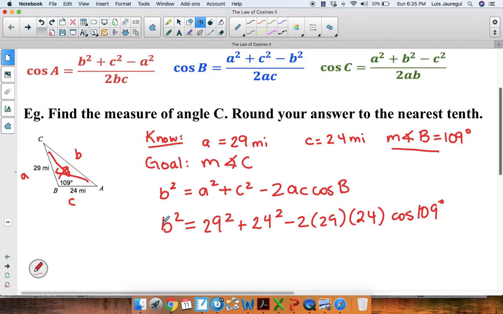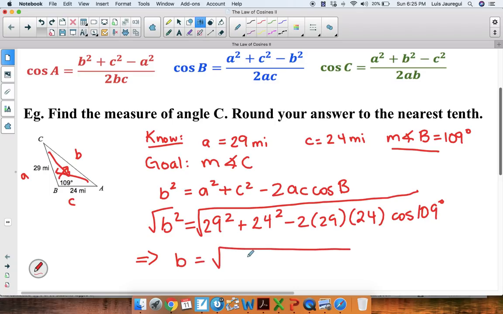However, notice that this is the value for b squared. We want b instead. So to cancel the square, we take the square root on both sides of the equation. And one can conclude that b is equal to the square root of 29 squared plus 24 squared minus 2 times 29 times 24 times the cosine of 109 degrees.